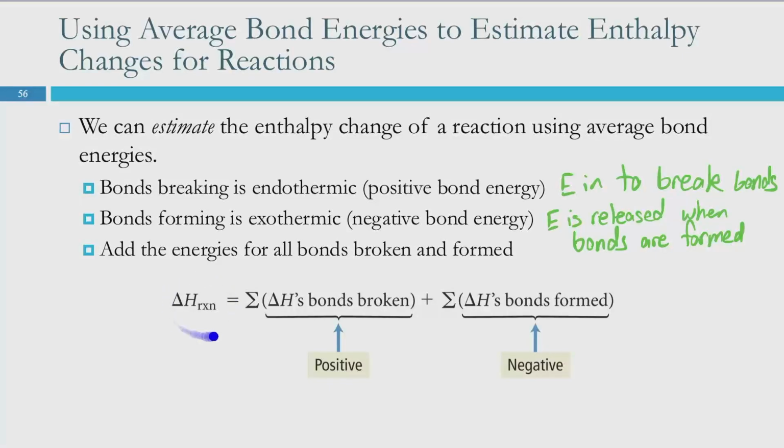So to find our delta H of a reaction, we can sum up. This capital sigma means sum. We can sum the delta H's of all of the bonds that are broken. That's how much energy we're putting in. So this is the total energy to break all bonds. And we can add to that the sum of all of the energy released when the bonds are formed.